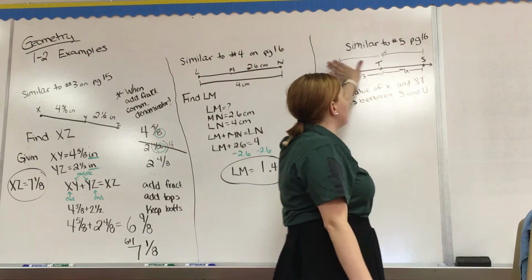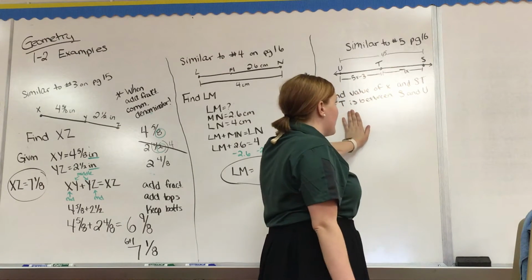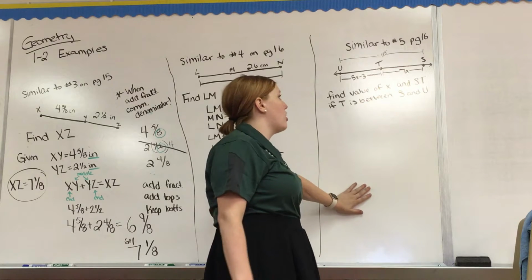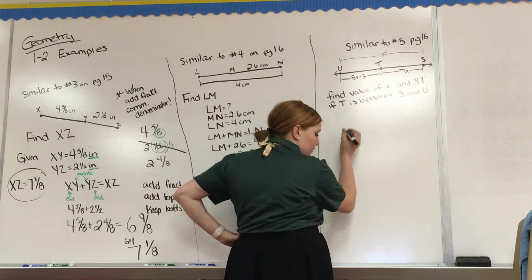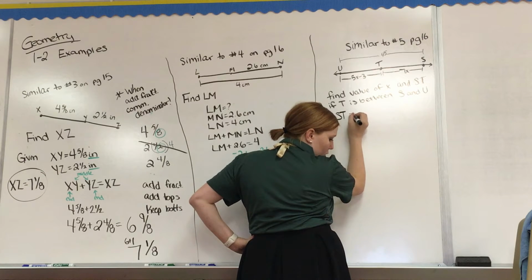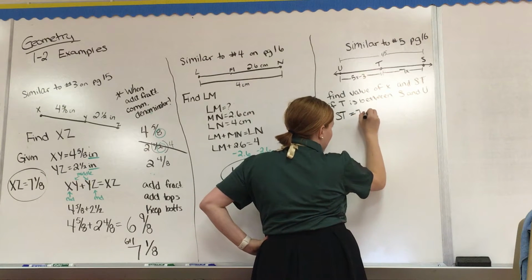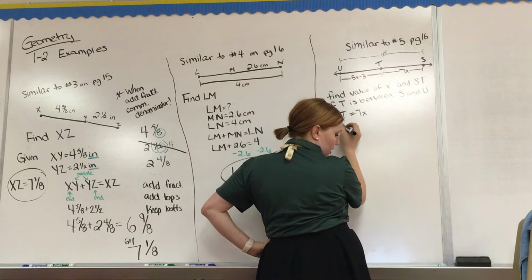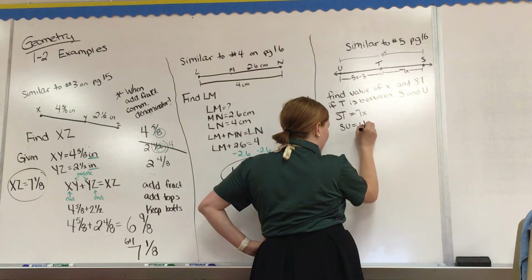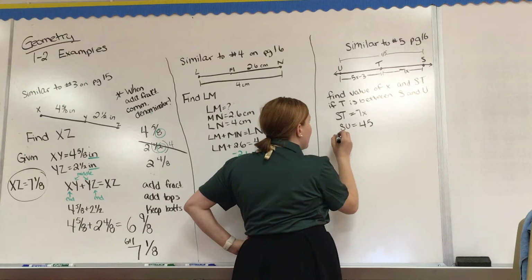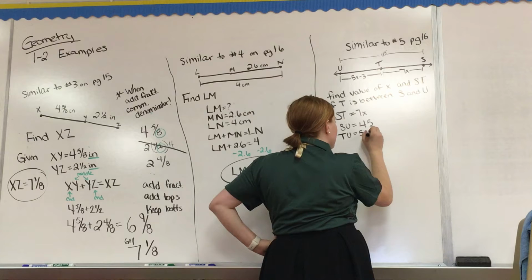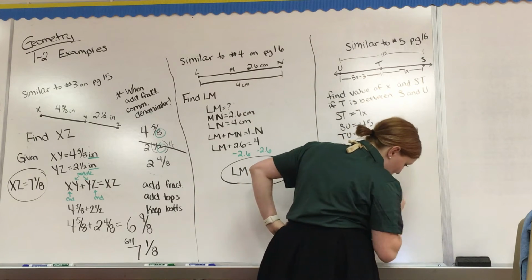Originally you would not have this, you would just have the information that they gave you. I kindly drew this up here, but they would have given you that ST equals 7x. They also gave me SU equals 45, and then they gave me TU equals 5x minus 3, okay?